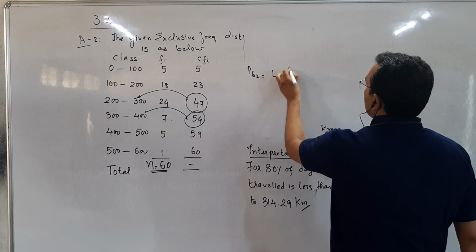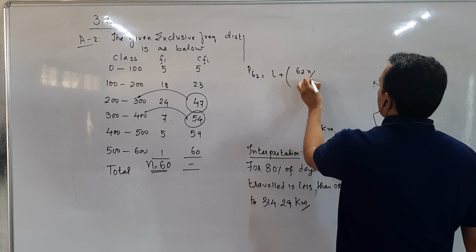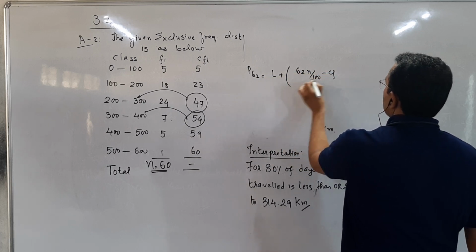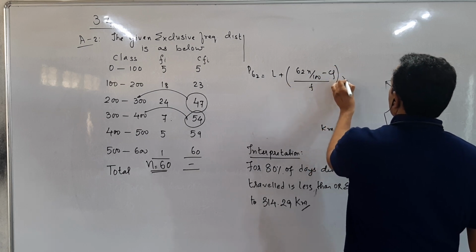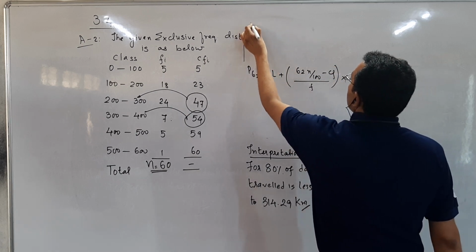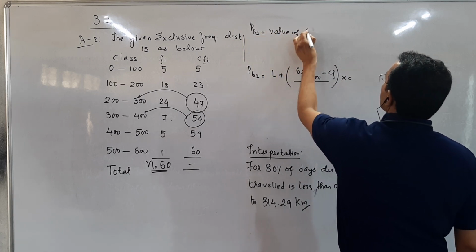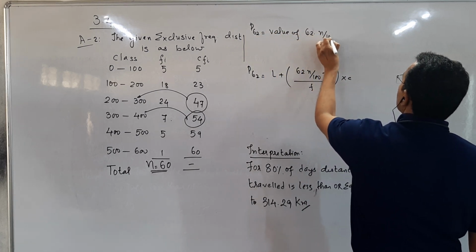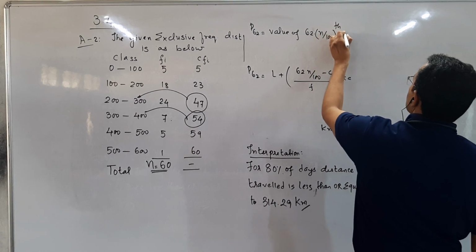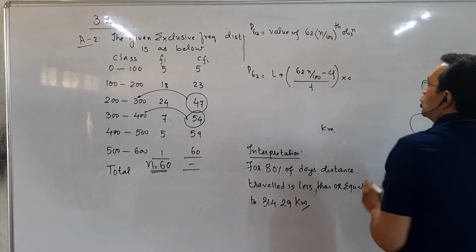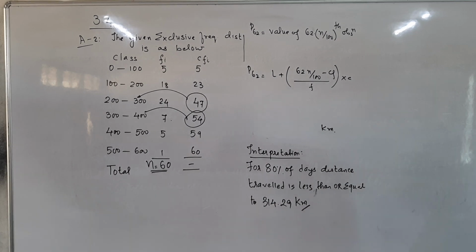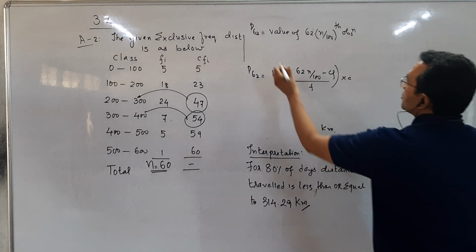It is L plus 62n by 100 minus Cf upon F into C. So P62 will be the value of 62 into n by 100 observation. Here n by 100 will be 0.6, and 62 into 0.6 will be 37.2 observation.